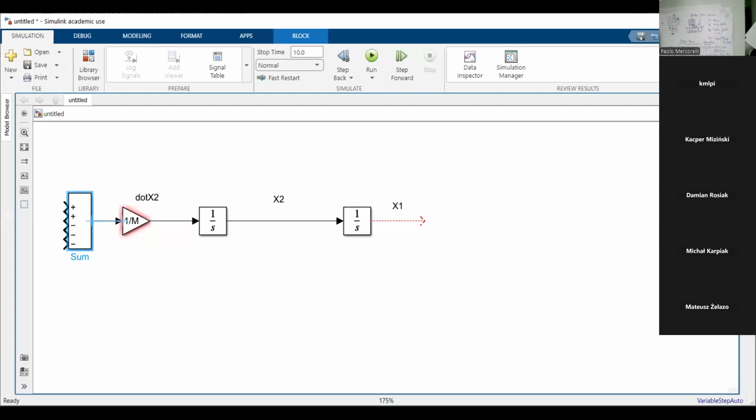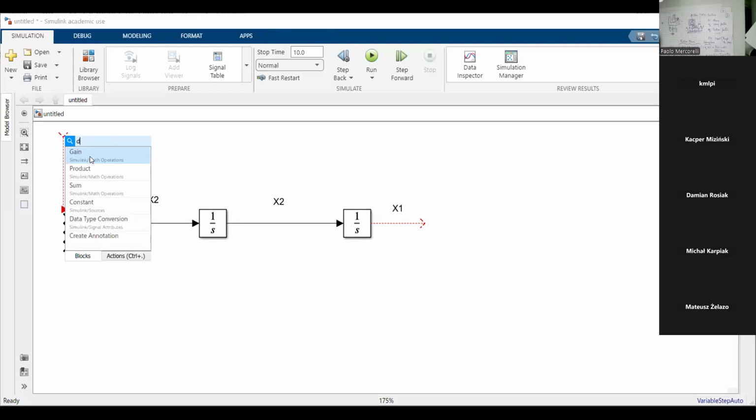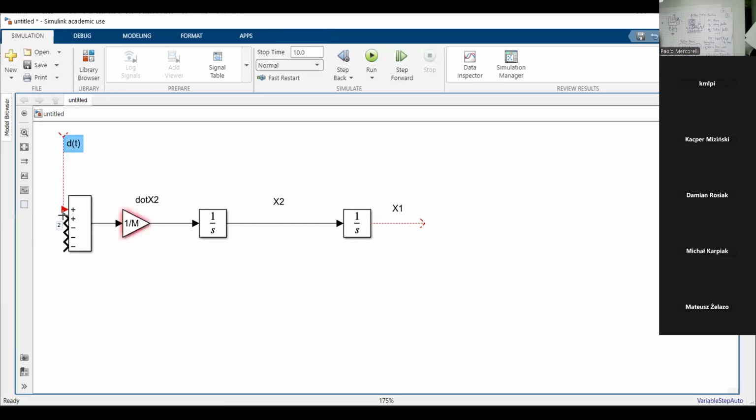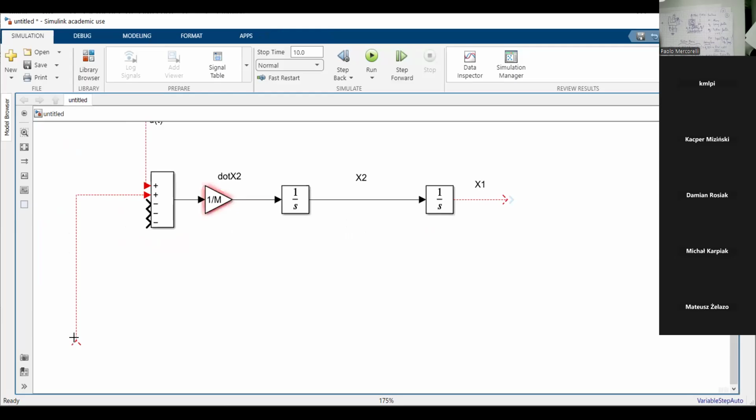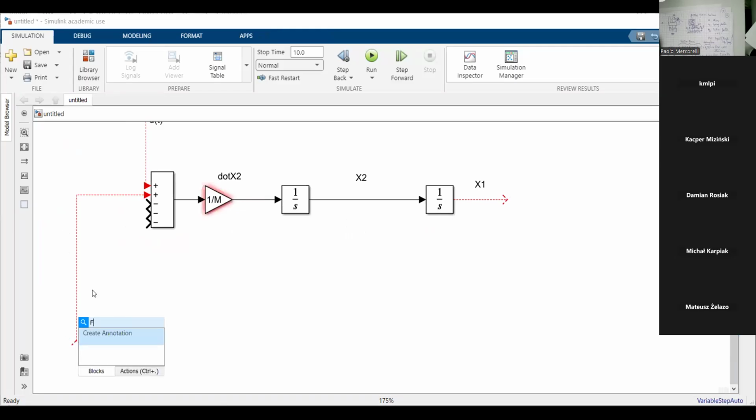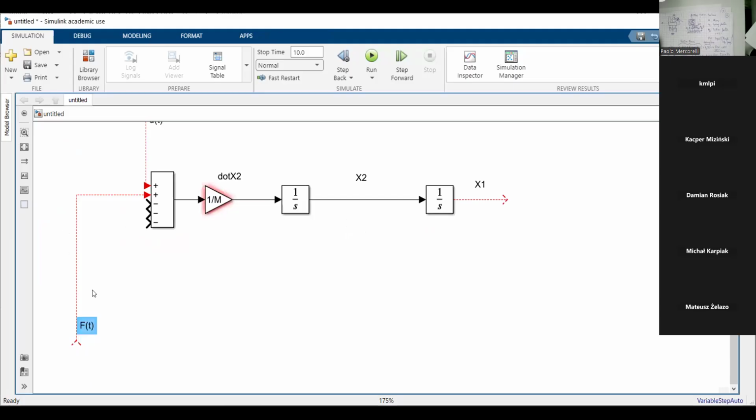Okay, now we have here d of t, the disturbance. Here we have f, which came from our controller. And then we have to realize here the model.